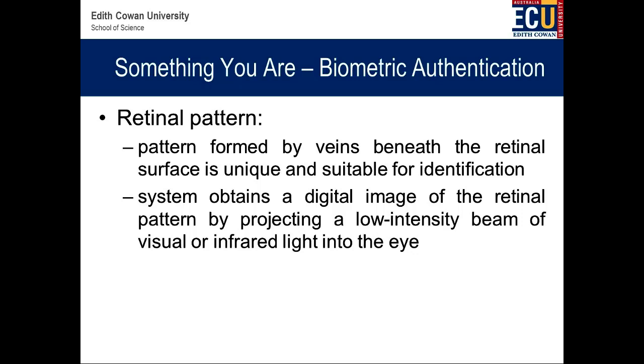So once that beam is given to your eye, those veins beneath the retinal surface are your biological data. They are taken from that low-intensity beam, and then some statistical analysis is performed on the veins that you have captured, and then that information is saved into the system.